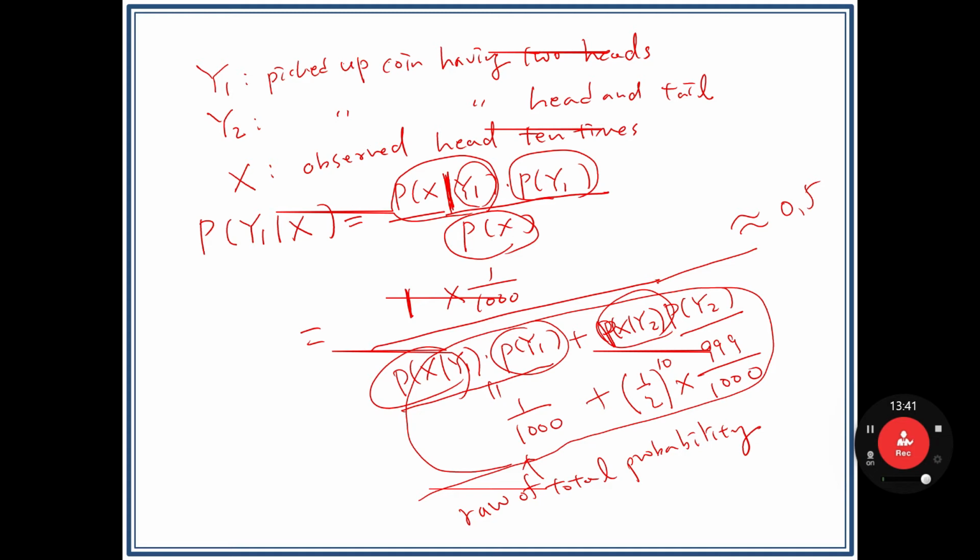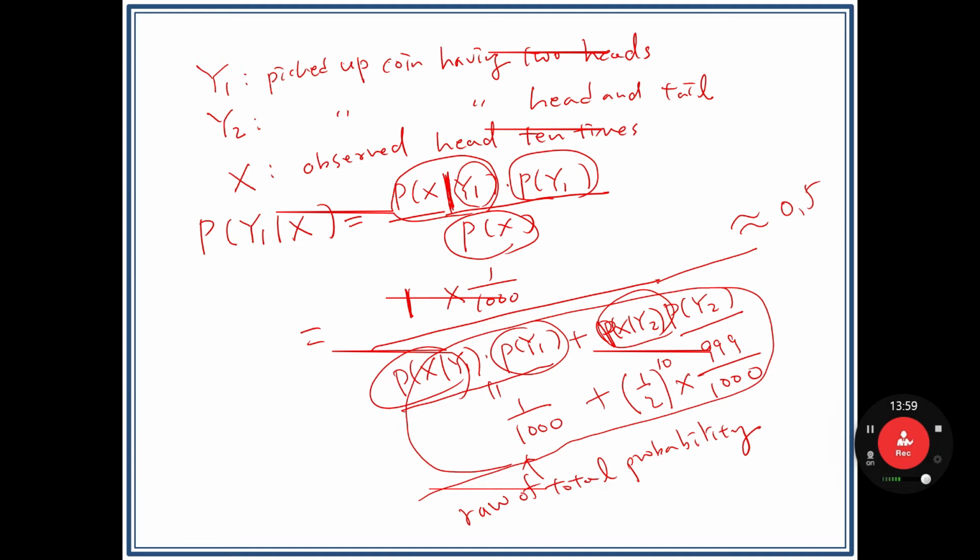This value, 2 to the 10th, is 1024, so that is a very small probability.